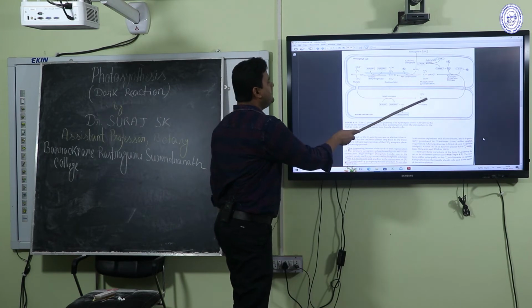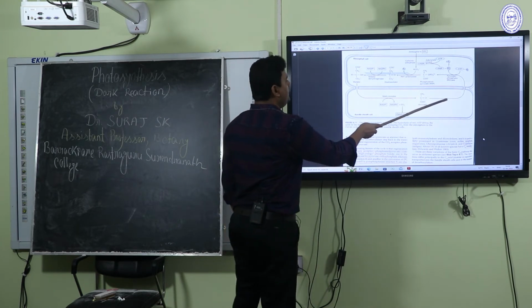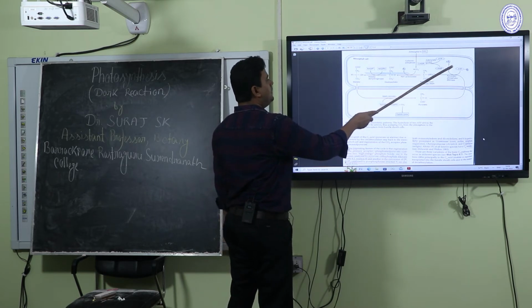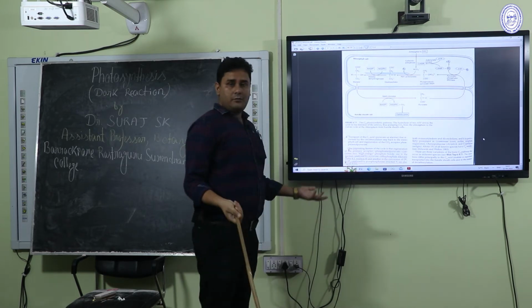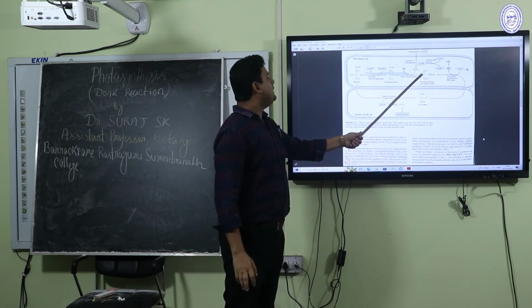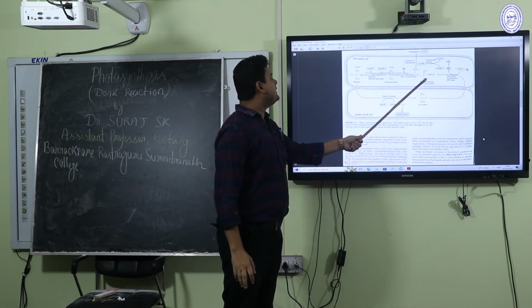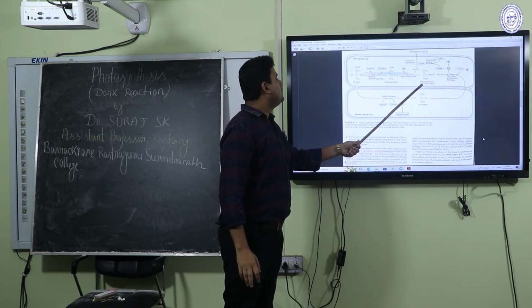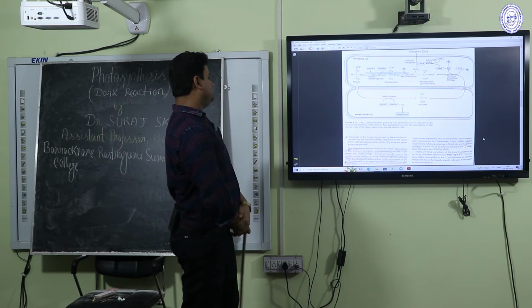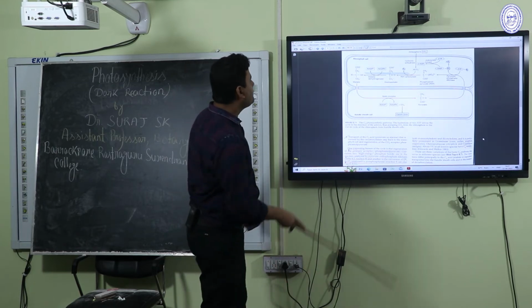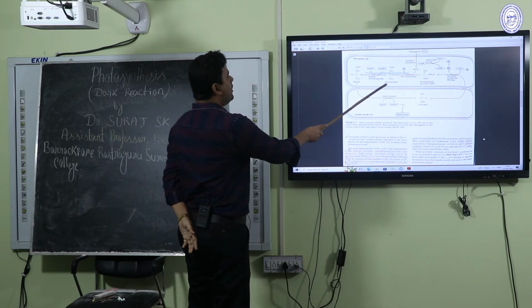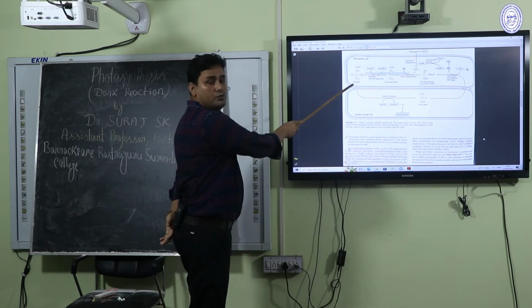This pyruvate will then be transferred into the mesophyll cell again, and here it will regenerate phosphoenol pyruvate.